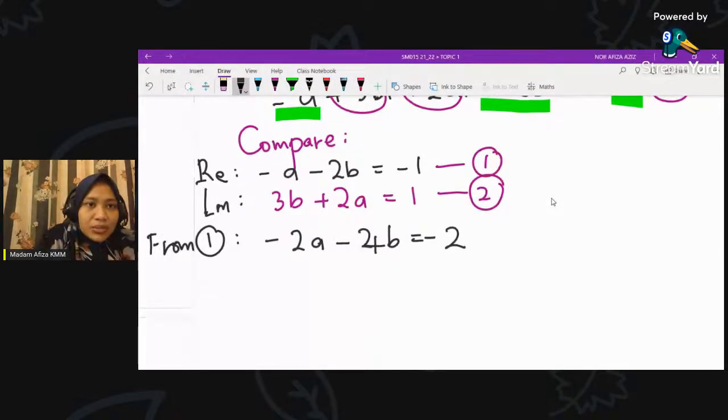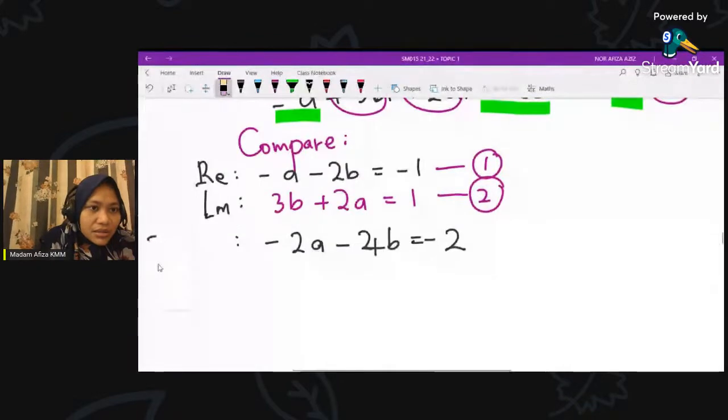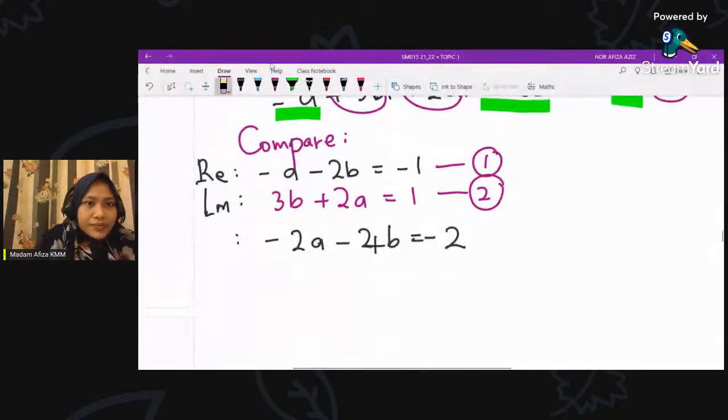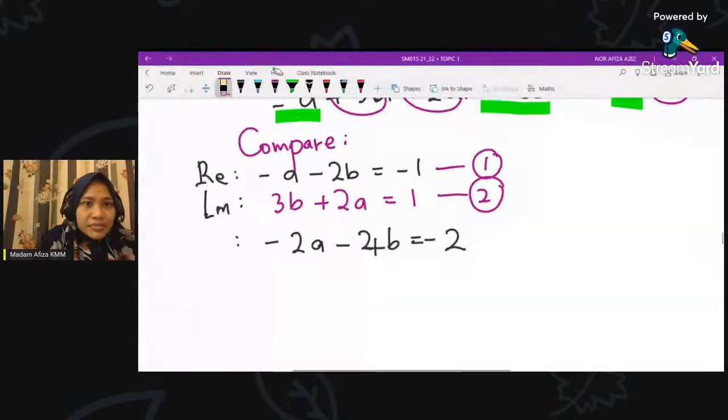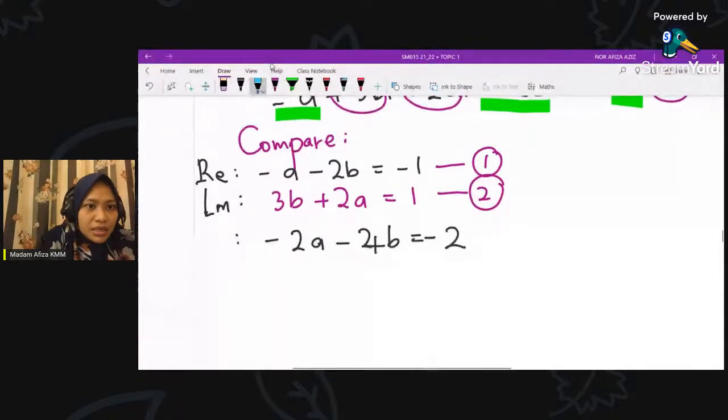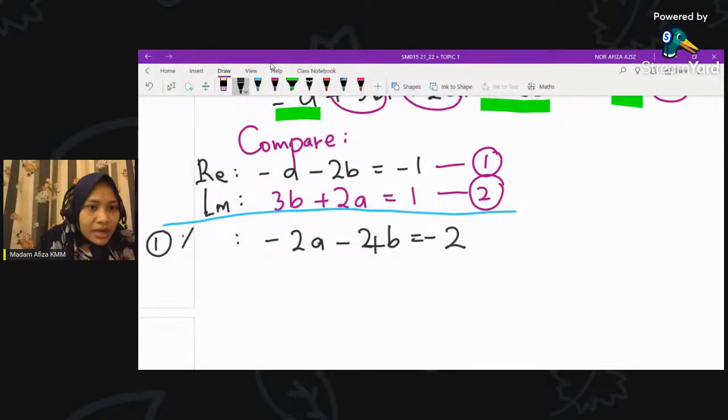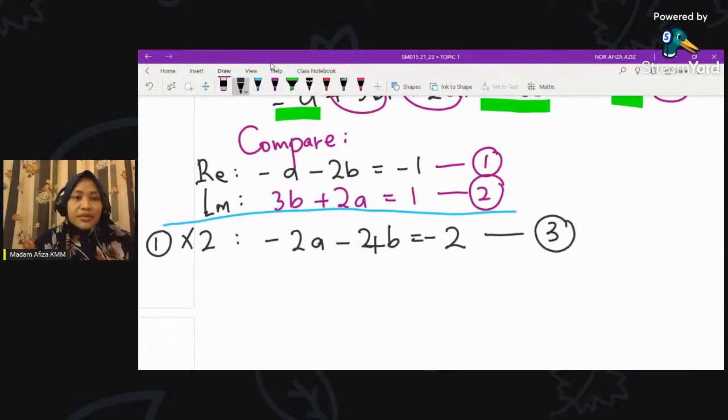Okay, sini madam gariskan dulu. Untuk step ni, madam darab equation 1 darab 2, multiply by 2. So now this becomes equation number 3 sebab kita dah ubahkan.